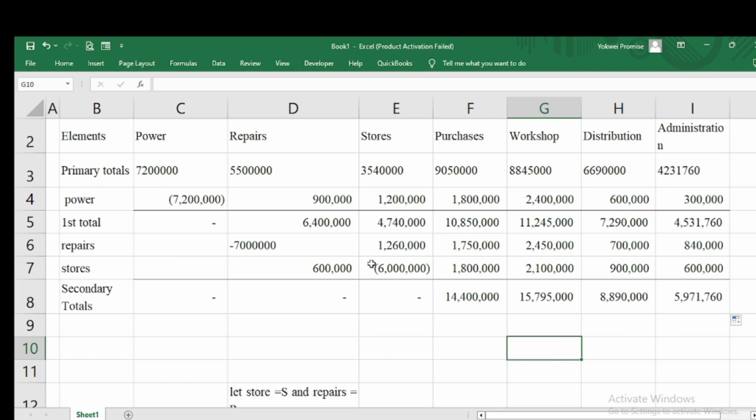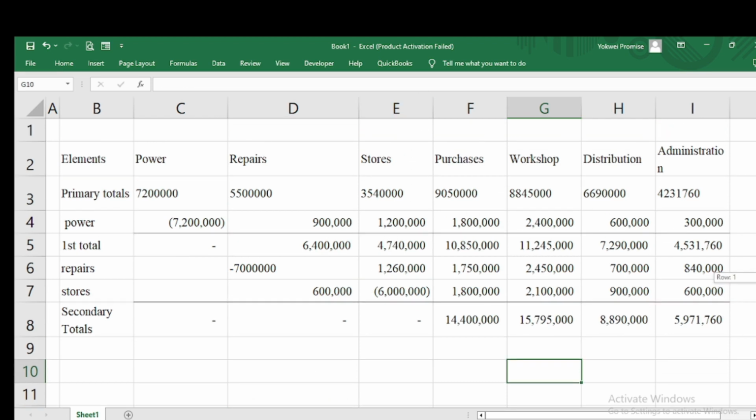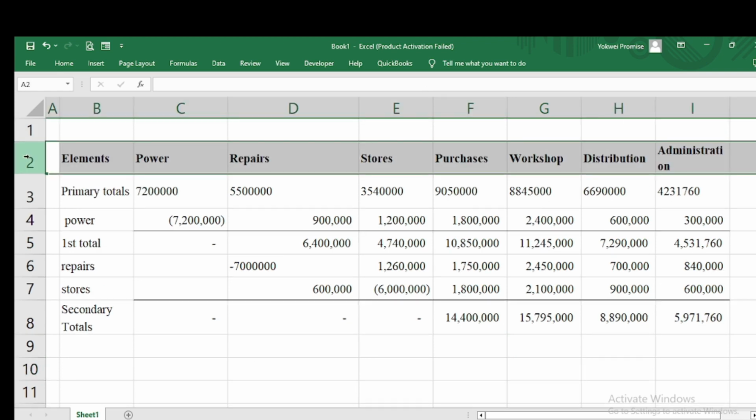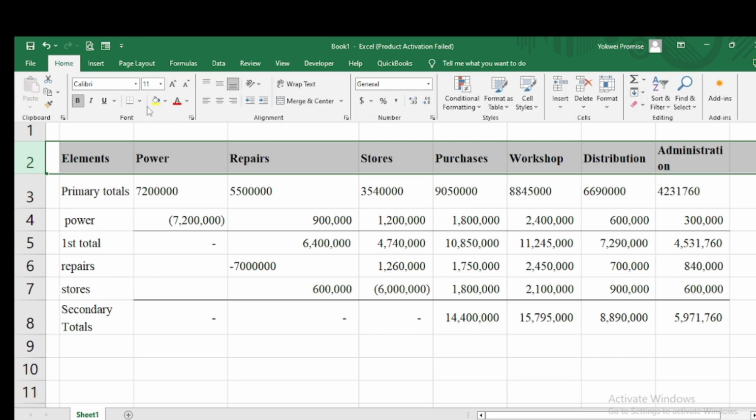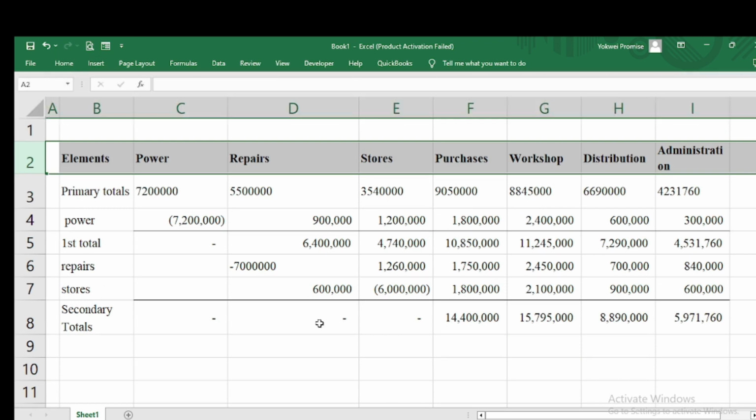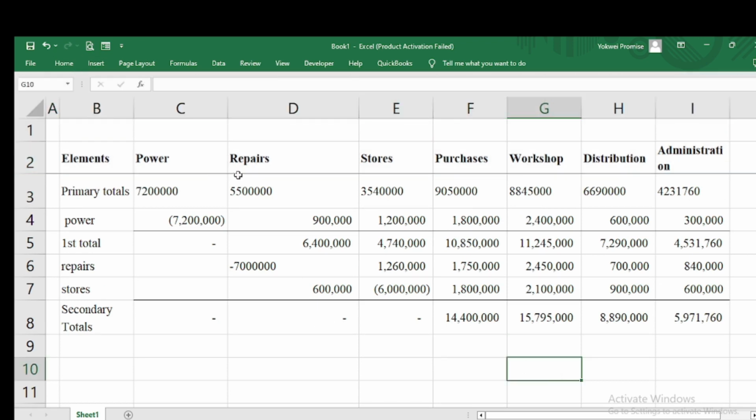So this is the totals that we have. All these auxiliary centers have turned down to 0, 0, 0. So this is what we are left with.